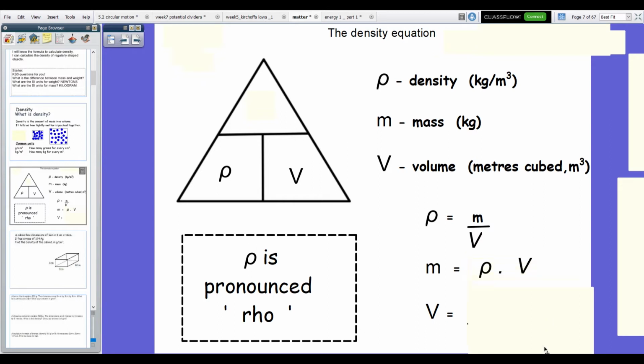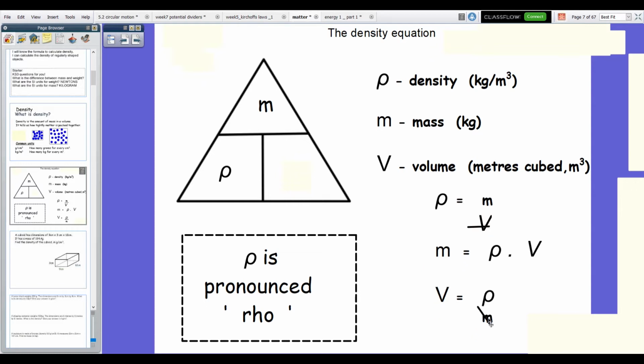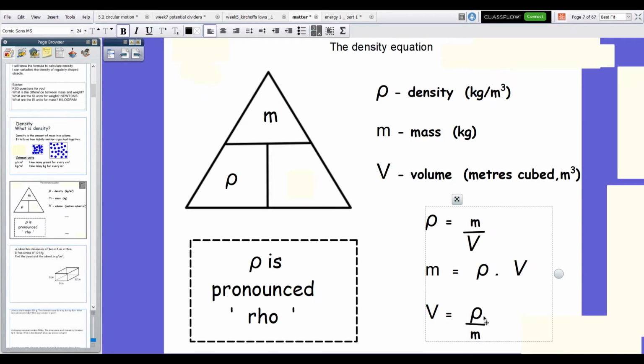And if I want to calculate a volume, can you see I've got M over rho. Volume equals, and look at that, that's nice and wrong, so I'll change that, F2. I'll change that to an X. There you go, like it never happened.